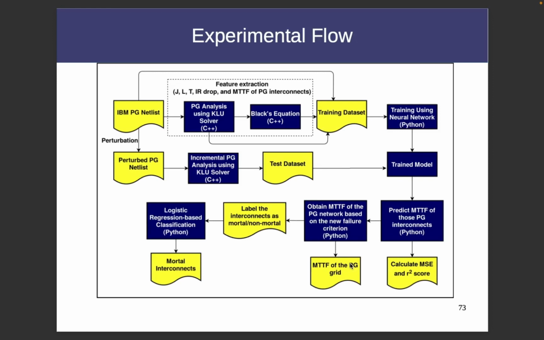One of the differences you will see is that here we have proposed a new failure criteria. After the prediction stage we apply a failure criteria to improve the MTTF value. Once we get the mean time to failure of these predicted power grid designs, we do some labeling of which are mortal or non-mortal, and from there we created another logistic regression based classification model.